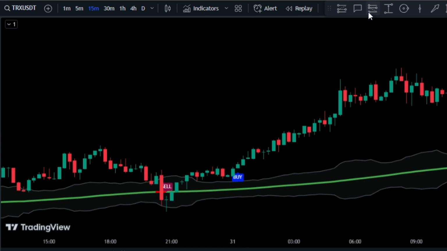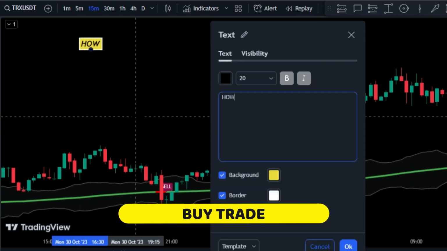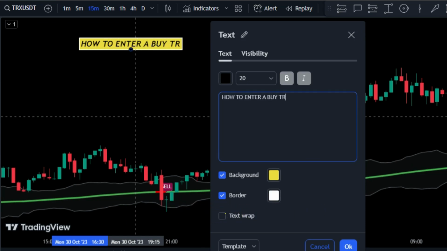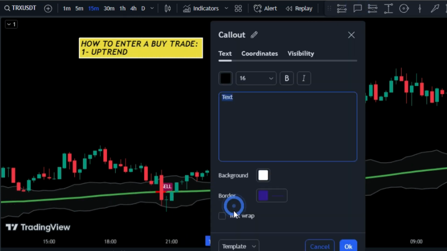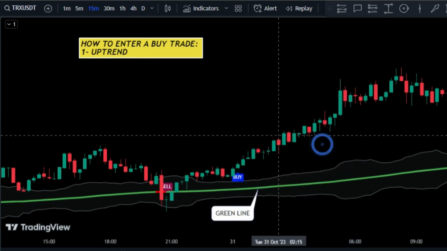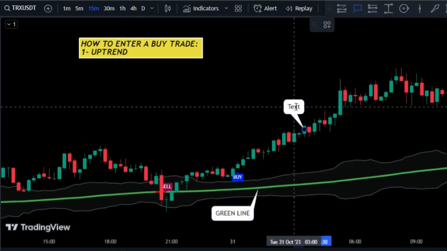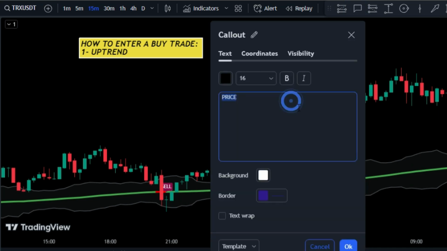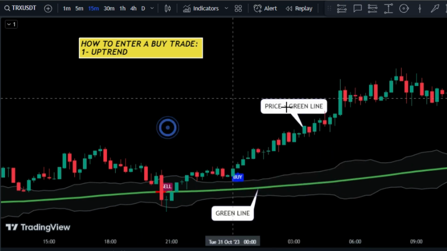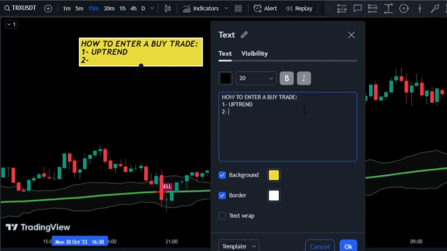First, let's examine a buy trade. For a buy trade, the first condition is that the market should be in an upward trend. Next, the price should be outside the ATR zone.